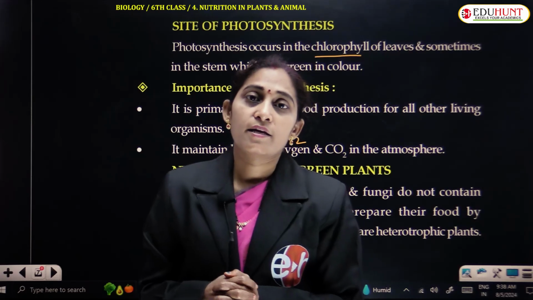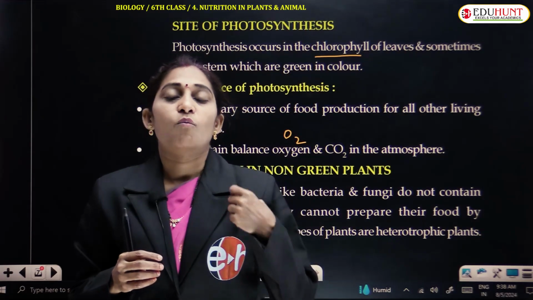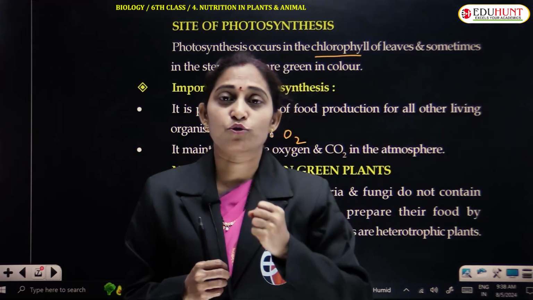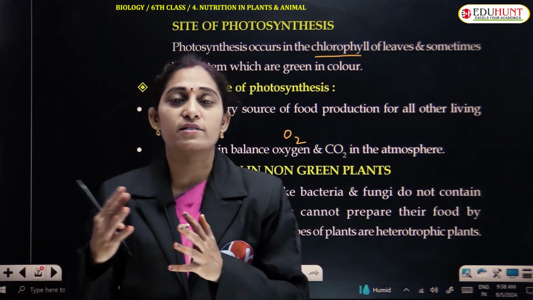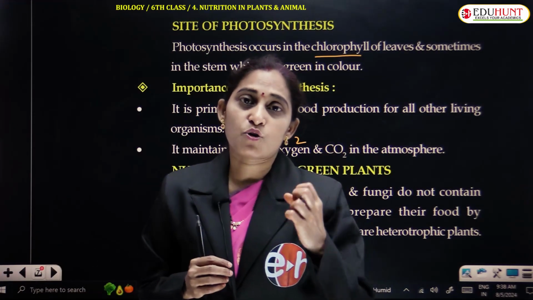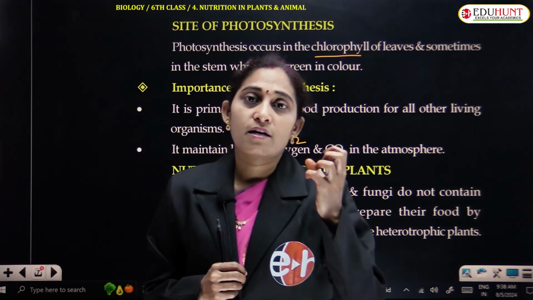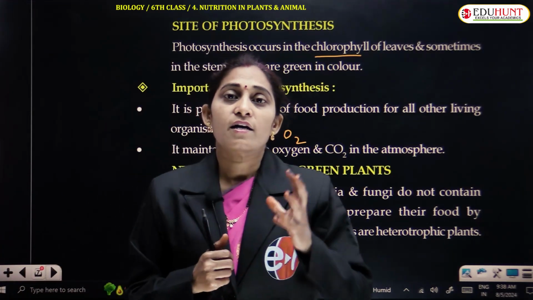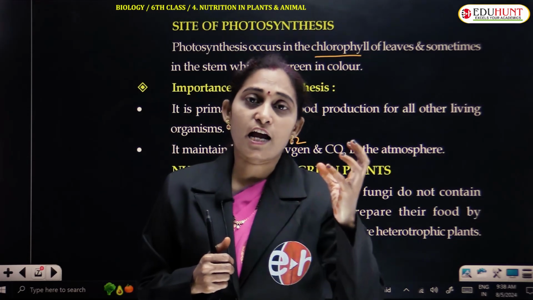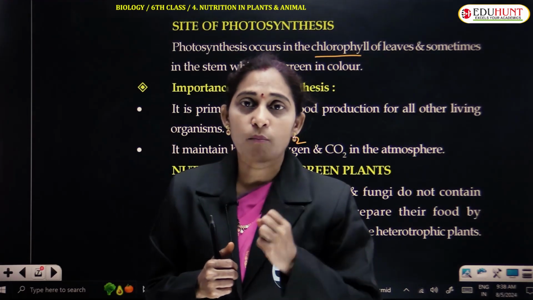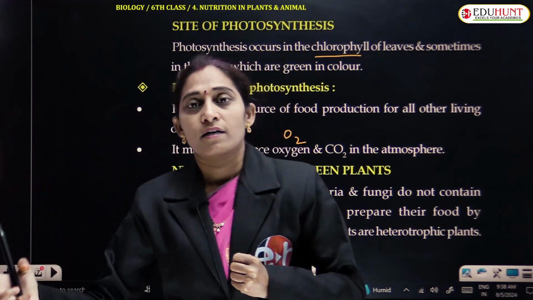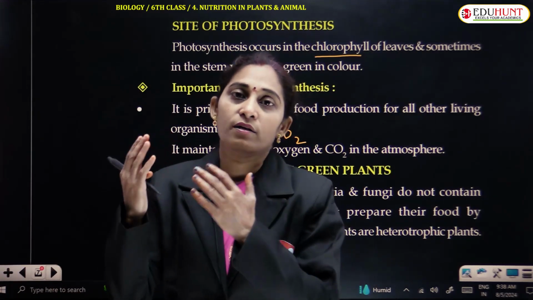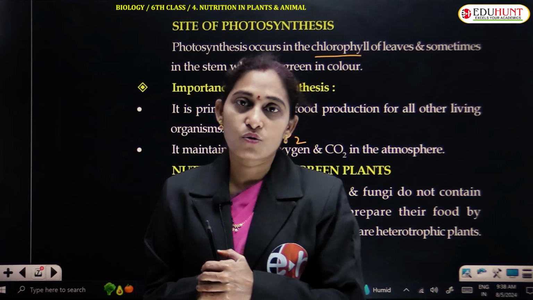So we can say there are two stages. One is the light absorption stage and the other is the light utilization phase. In the light absorption phase, light is taken up, and in the utilization phase, the energy trapped in the form of light is given to the CO2 and water molecules to form a big molecule, that is glucose.